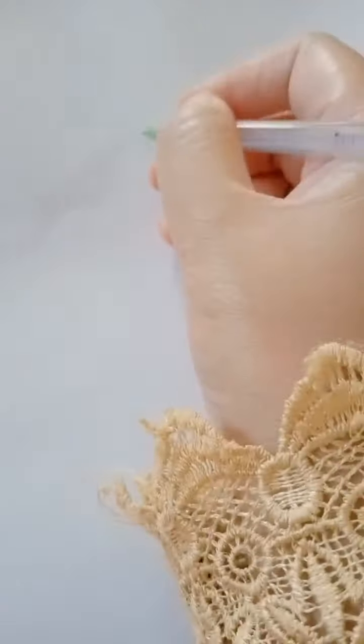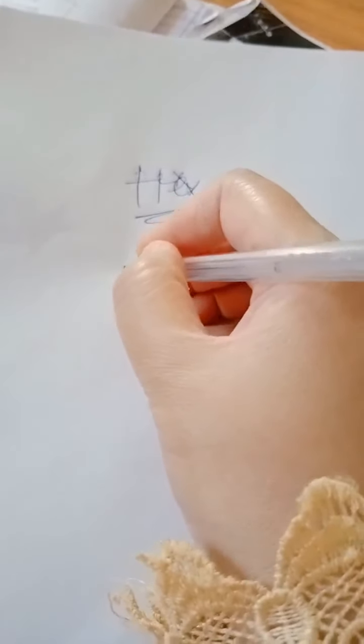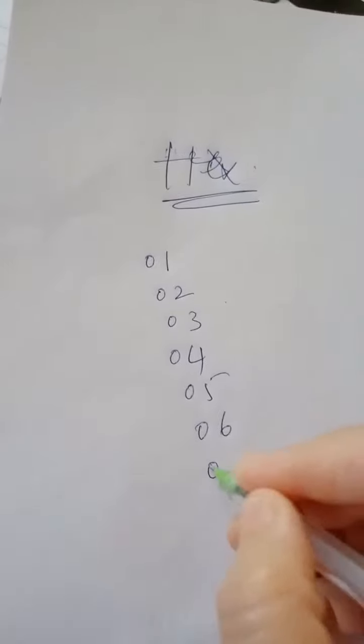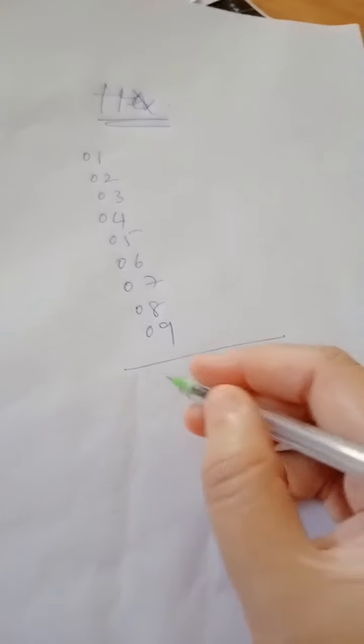Now we will be seeing the hexa numbers. You can write hexa numbers as 1, 2, 3, 4, 5, 6, 7, 8, 9. Till 9 you have written. After 9, what is your duty?